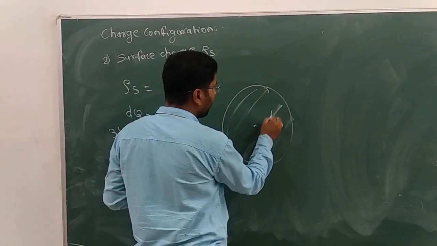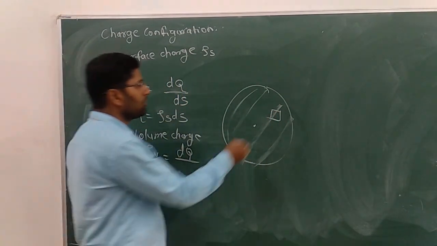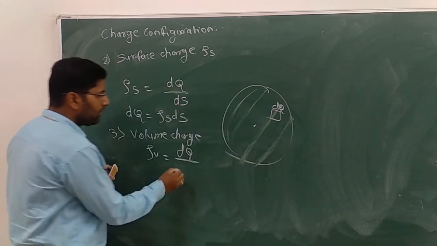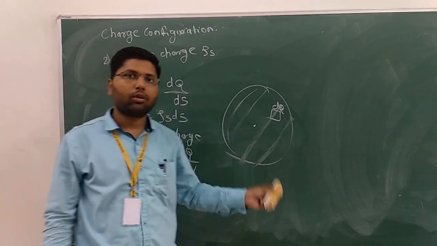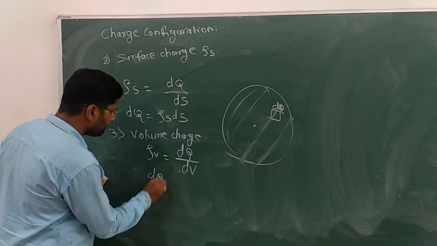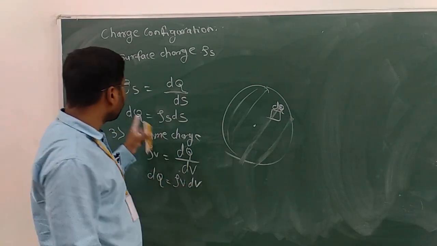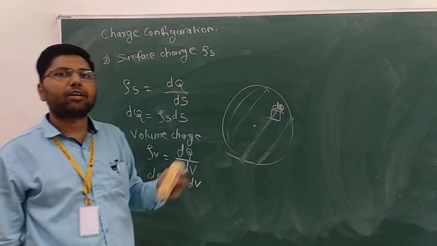In that sphere you take a small part, and on that small part you take a charge dq. Now instead of ds, what do you use? For the sphere you use volume, so dv. So dq is given by rho v dv. That is very important: dq equals rho L dl, dq equals rho S ds, dq equals rho v dv. That is important from an application point of view.